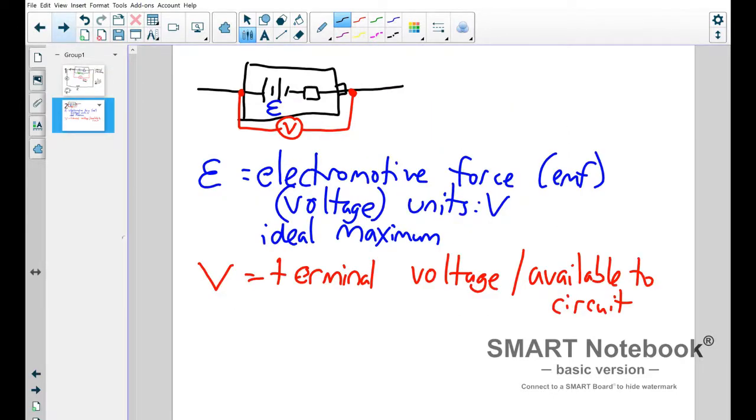So if I think about this in terms of a formula then, that voltage gain, the EMF, has to be equal to the sum of those other two: the terminal voltage, or the voltage available to the circuit, plus the voltage drop inside the battery itself.